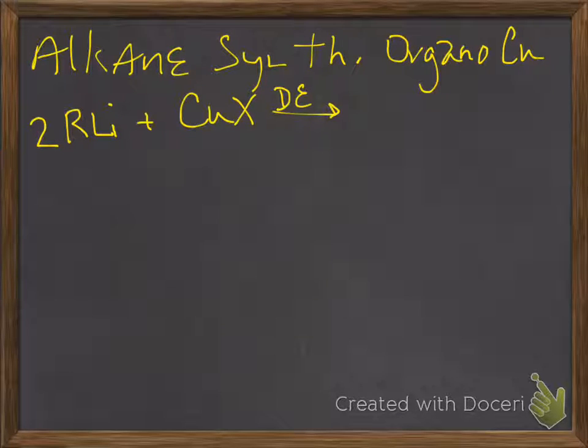Once again, I'm writing DE, but it could be THF. Just you can't have it around something that has an OH, NH, SH, something like that. And you're going to form an intermediate first. Okay, this intermediate, I'm going to just draw a generic one first because it's something that we haven't seen before.